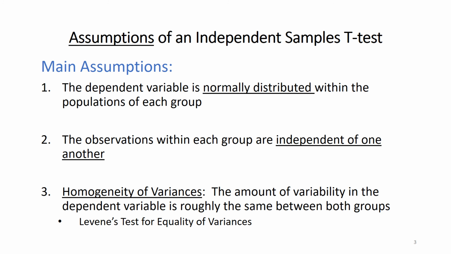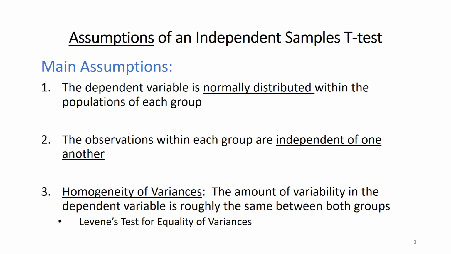The first one says that the dependent variable is normally distributed within the population of each group. What this is asking is, when we look at the distribution of bench press weights for each one of these groups, does it look like that normal bell-shaped curve?